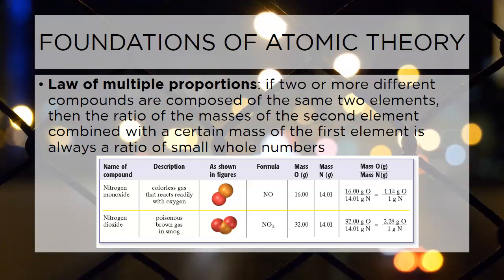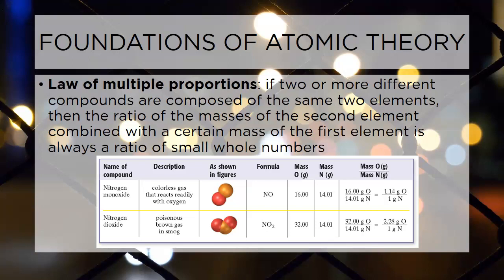If I compare the masses, they're going to have a small whole number ratio between the masses of oxygen in one compound compared to the masses of oxygen in the other compound.